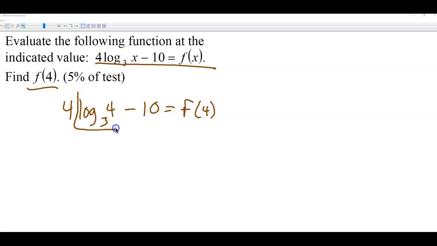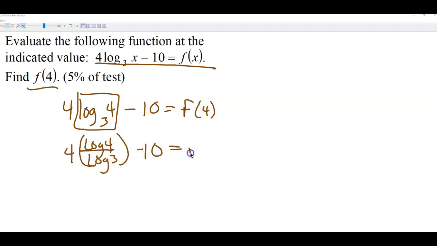The first thing you do is you're going to go ahead and just do the change of base on that piece there. And then punching that into my calculator real quick, I'm getting 1.262.